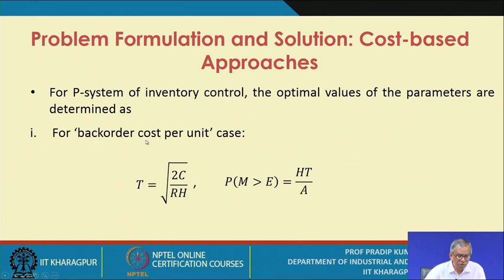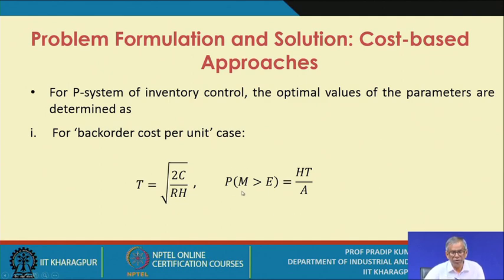So for the back ordering cost per unit case, what we have assumed is that the lead time is constant, the demand is variable. So we can use these particular expressions for the order period, and this is the expression you get.